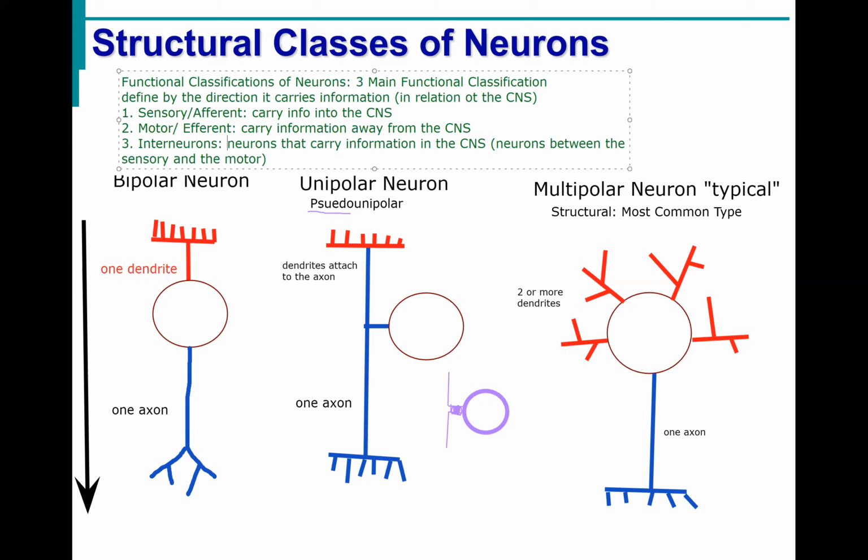If you think about it, these are many of the neurons found in our brain and spinal cord, which is where the majority of our neurons are. Over 90% of our neurons are in the brain and spinal cord. So not surprisingly, interneurons are going to be the most common functional classification.